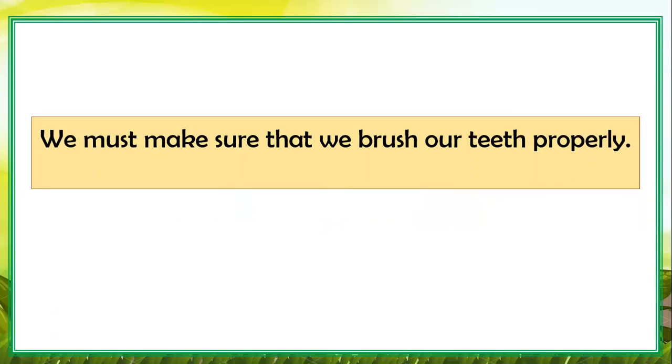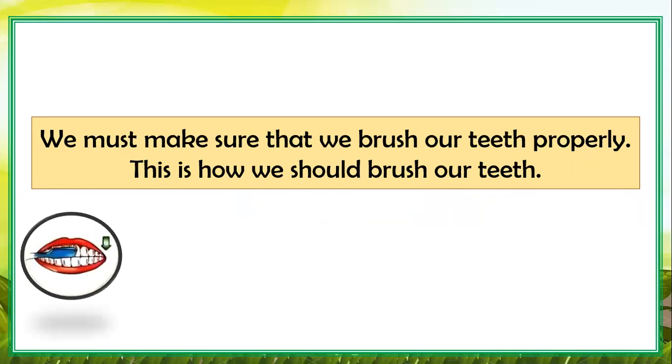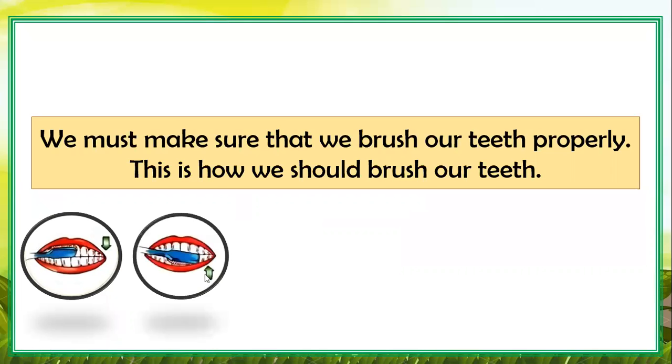We must make sure that we brush our teeth properly. And this is how we should brush our teeth. Okay, the first step, we need to brush our upper teeth downward. After that, brush your lower teeth.